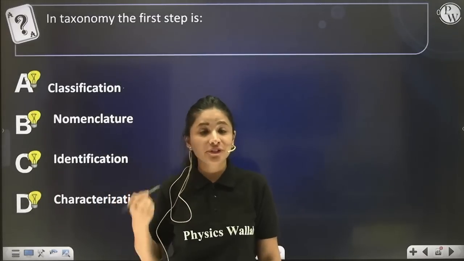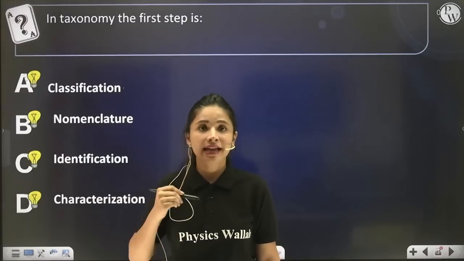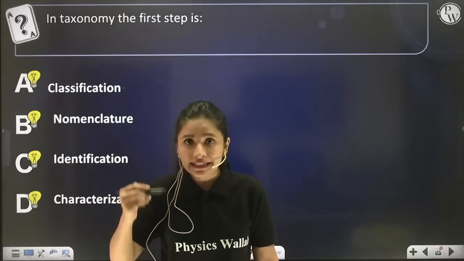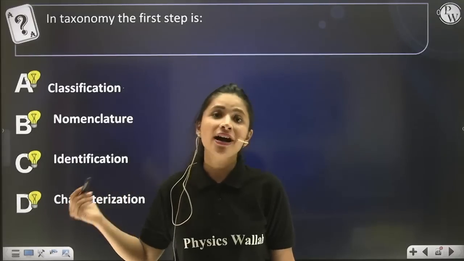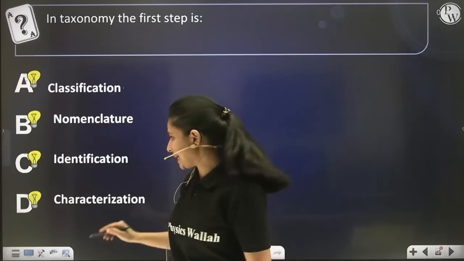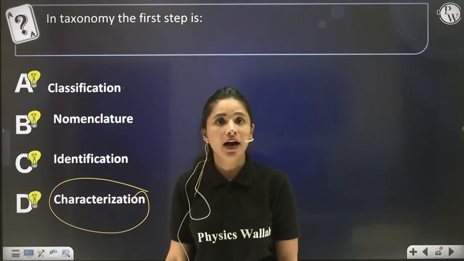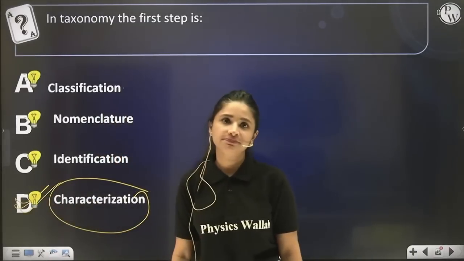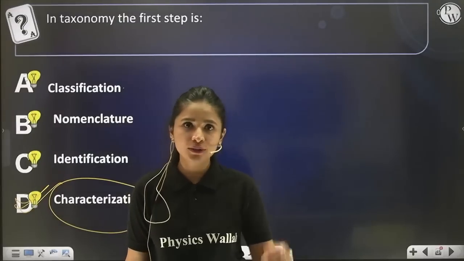So the first step is characterization: studying the features of an organism in order to identify it. Thus the answer of this question becomes D. Have you all understood? Yes or no?